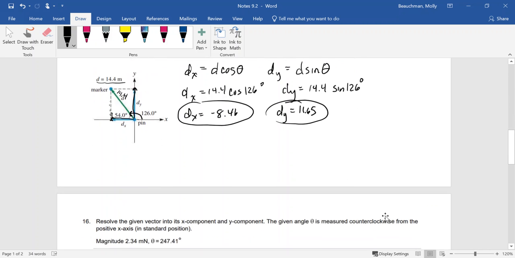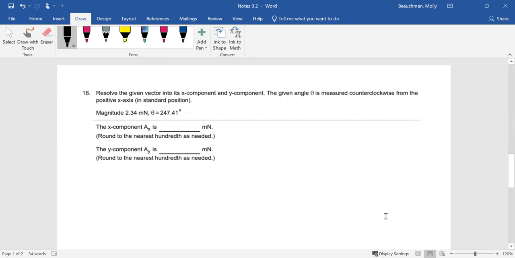All right, last example is one from homework. Resolve the given vector into its x component and y component. The given angle is measured counterclockwise from the positive x-axis in standard position. So I'll go ahead and draw a picture. Magnitude is 2.34, and our angle is 247.41 degrees.